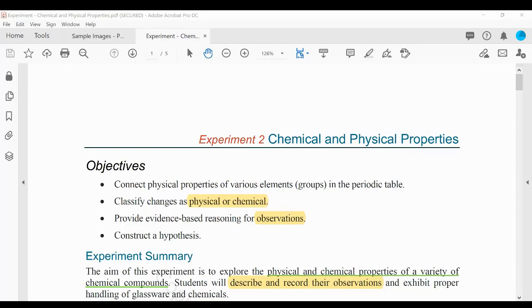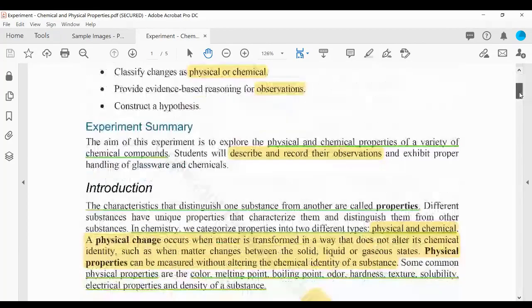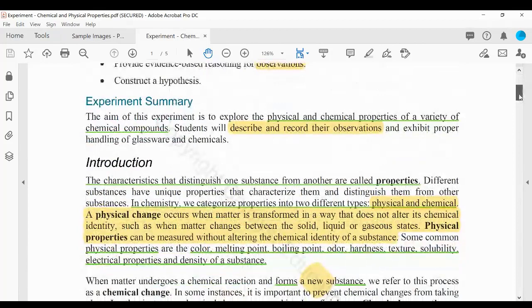So let's continue. Here in the objectives, those are the main objectives. Basically, it is observations.